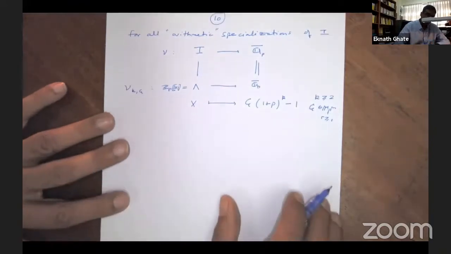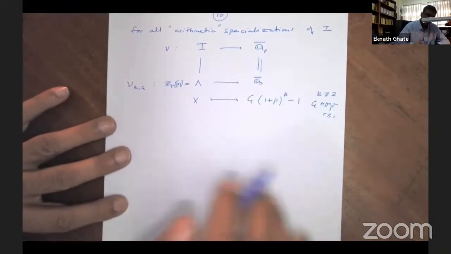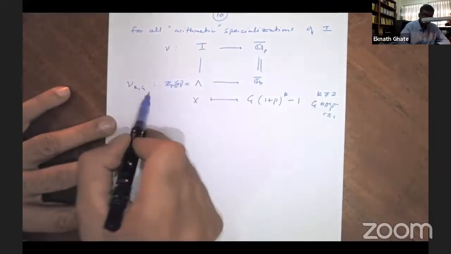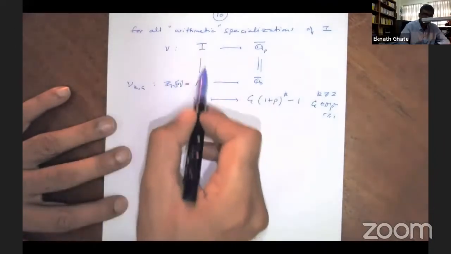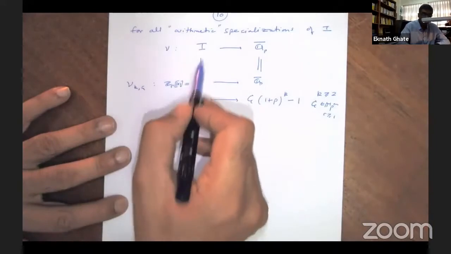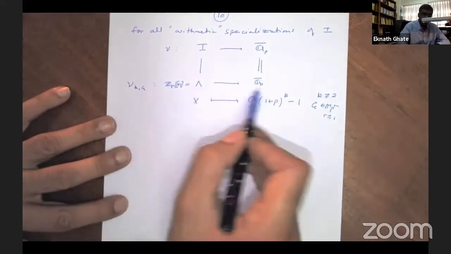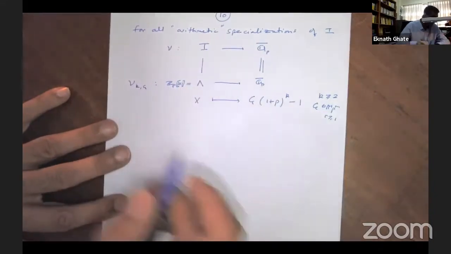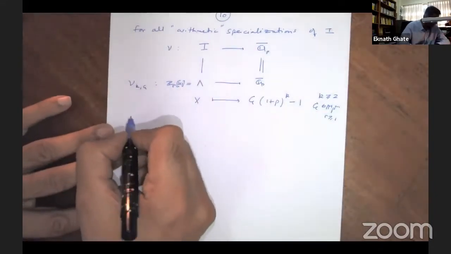Okay, such that for all arithmetic specializations of I, nu, which lie over the nu k zeta, by the way, there are finitely many nus which extend a particular nu k zeta. Since this extension is finite, there's not much you can do here. So on this base, it's completely determined, and then there's finitely many options here to extend to nu.